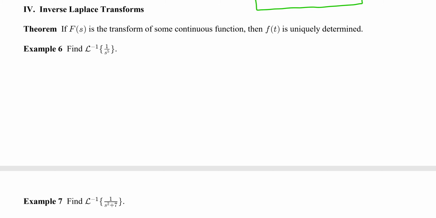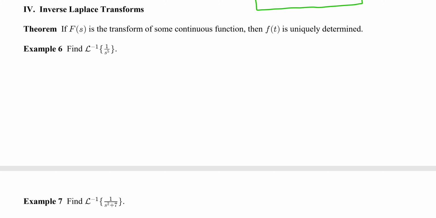Now, at the beginning of this lesson, we talked about how differentiation and integration are examples of transforms. In fact, they go together. Differentiation is the inverse transform of integration, and integration is the inverse transform of differentiation. So you can probably expect if we learn a transform, we're going to have to acknowledge its inverse Laplace transform.